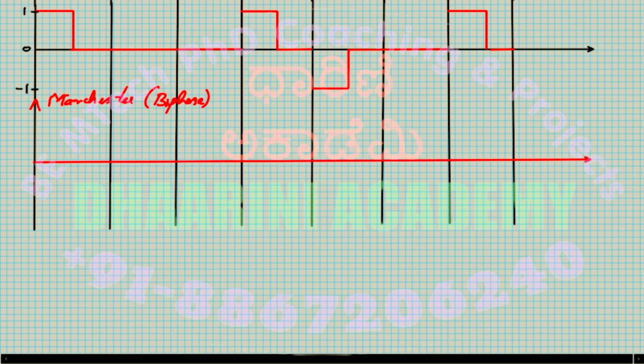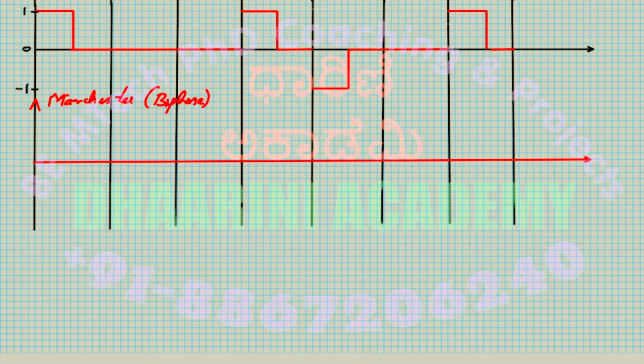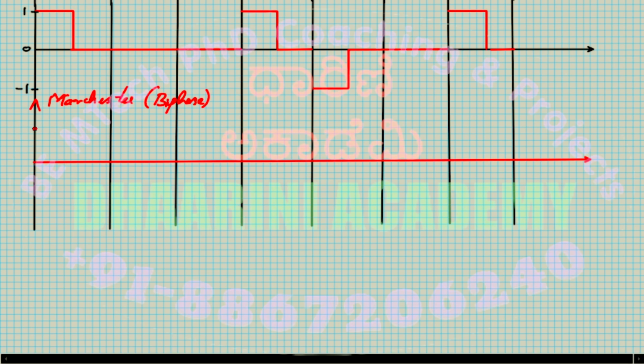Now, again, in case of the Manchester, there are two levels. Level is +1 and level is -1, and there is no level 0. No level 0 will be used.